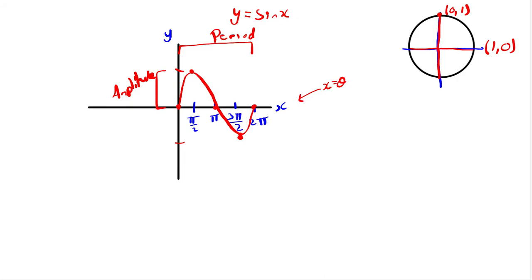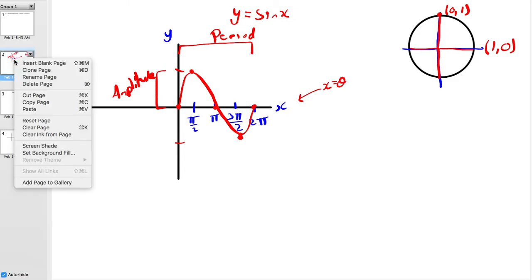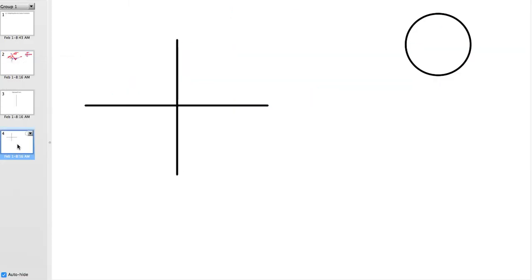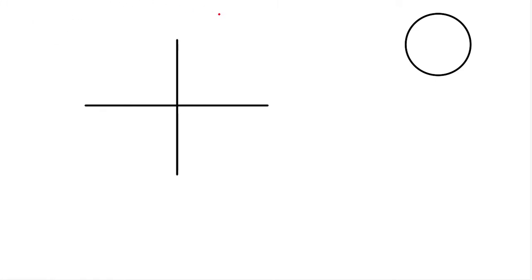Let's do the same thing for a cosine function. So here, y is equal to the cosine of x. Yet again, I'm going to graph my same points: pi over 2, pi, 3 pi over 2, and 2 pi.